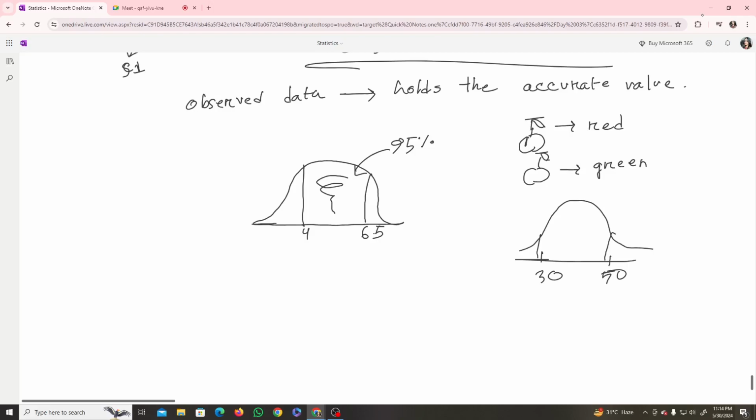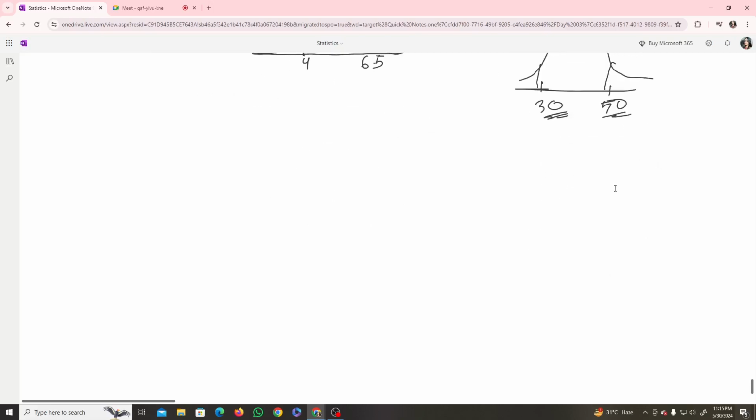Suppose you do a test to find the maximum number of green apples in that garden. By the definition, the unknown parameter is the maximum number of apples. So in this case, the maximum number will be something between 30 and 50. Now moving to the next thing, hypothesis testing.